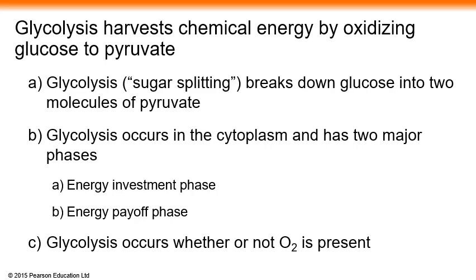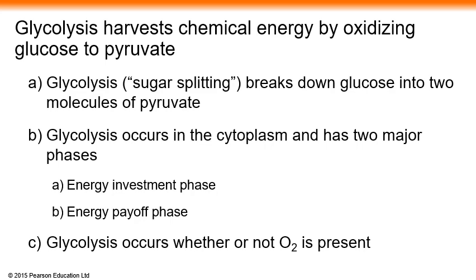Glycolysis harvests chemical energy by oxidizing glucose to pyruvate. Glycolysis means sugar splitting; it breaks down glucose into two molecules of pyruvate, pyruvic acid. Glycolysis occurs in the cytoplasm and has two major phases.